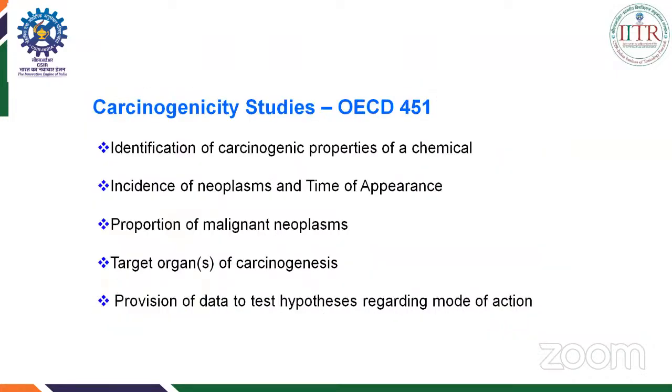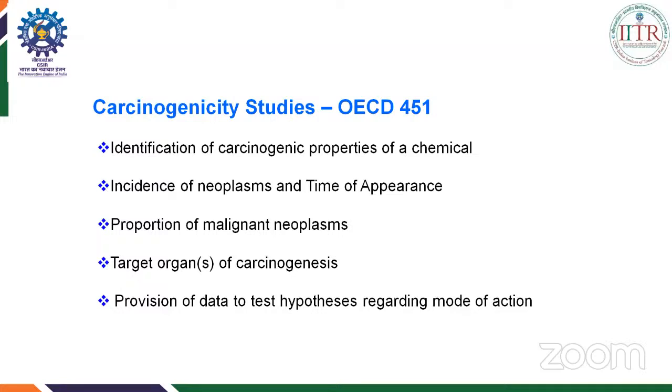Carcinogenicity study, apart from other chronic toxicity study. The difference between chronic toxicity and carcinogenicity is that you are also evaluating the cancerous growths that you might see. You need to evaluate the incidence and the different organs in which these carcinogenic neoplasms are formed.